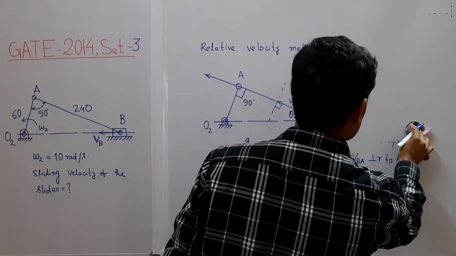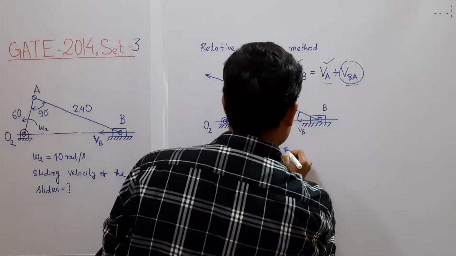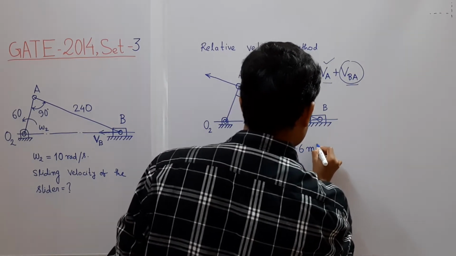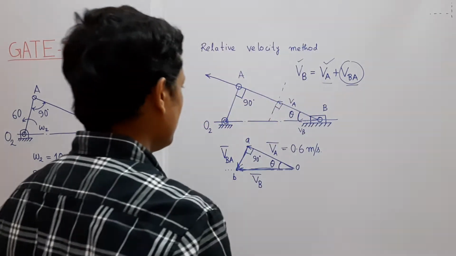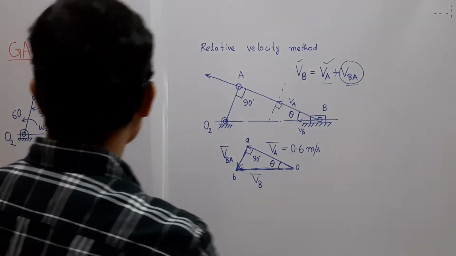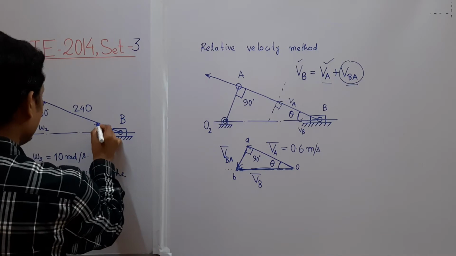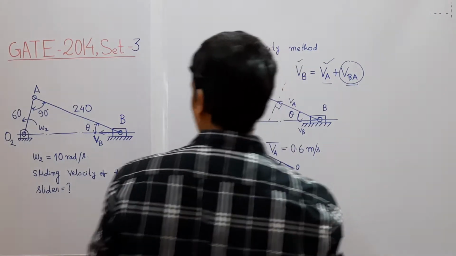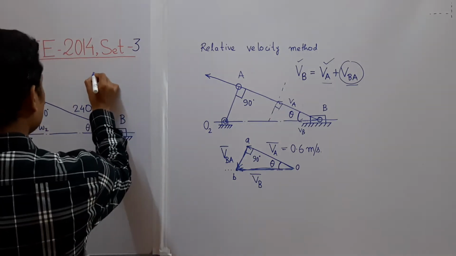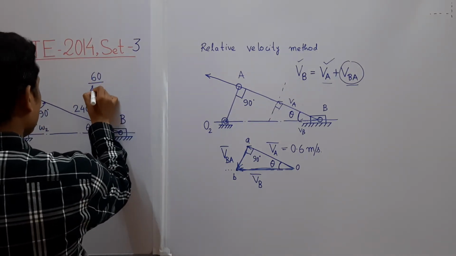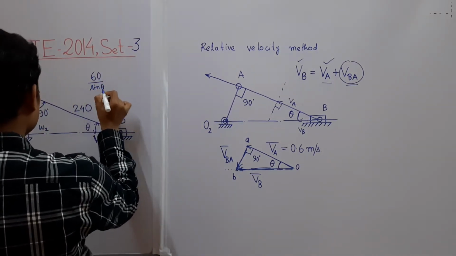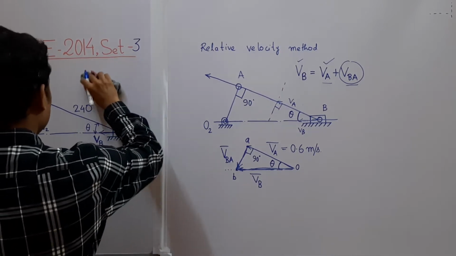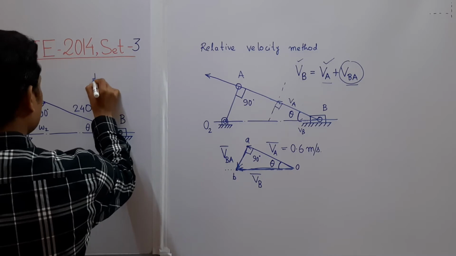VA, I have erased, 0.6 meter per second. We have determined. Now this angle is theta. So apply Lami's theorem here, 60 by sine of theta, or you can determine tan of theta.